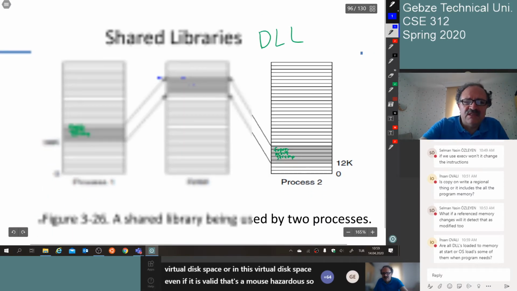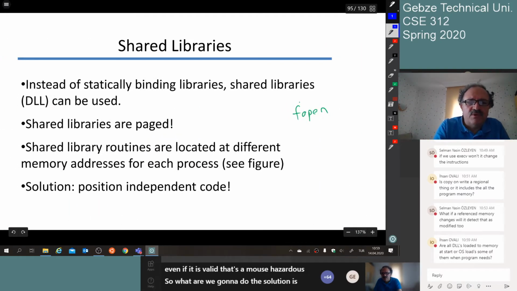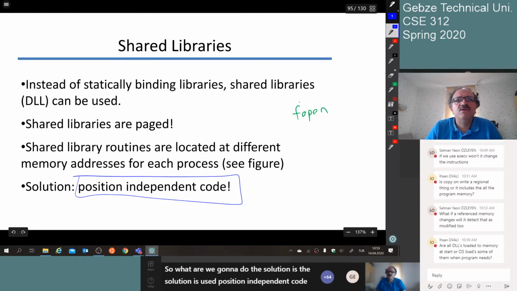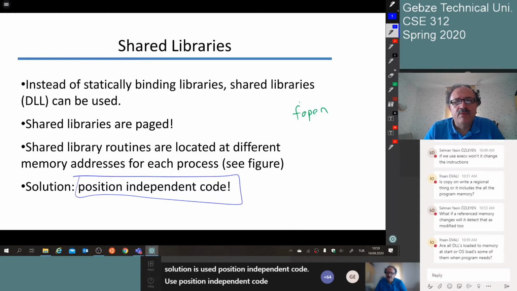The solution is to use position independent code. Position independent code means that nobody refers to any memory location by an absolute address, but by relative addresses.